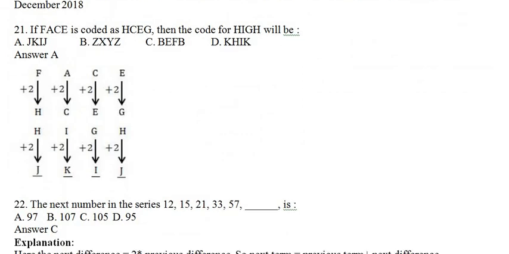And then if PHASE is coded as HCEG, then what is I, okay. So here what? F is converted to H. In between F and H what? So F G H, okay, 1 letter in between, like that.